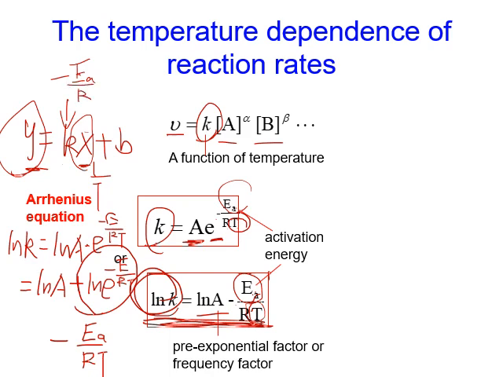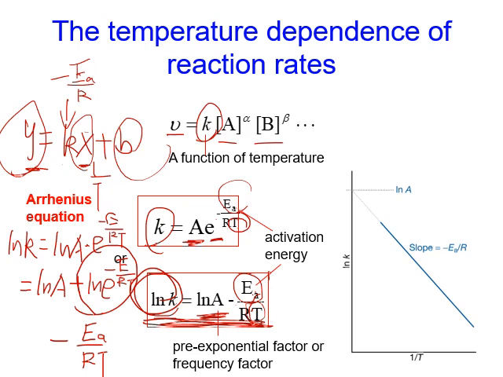Okay, that's the slope. And ln A is the b. So if we plot natural log k over 1 over T, then we get the slope as negative Ea over R. The intercept is ln A.